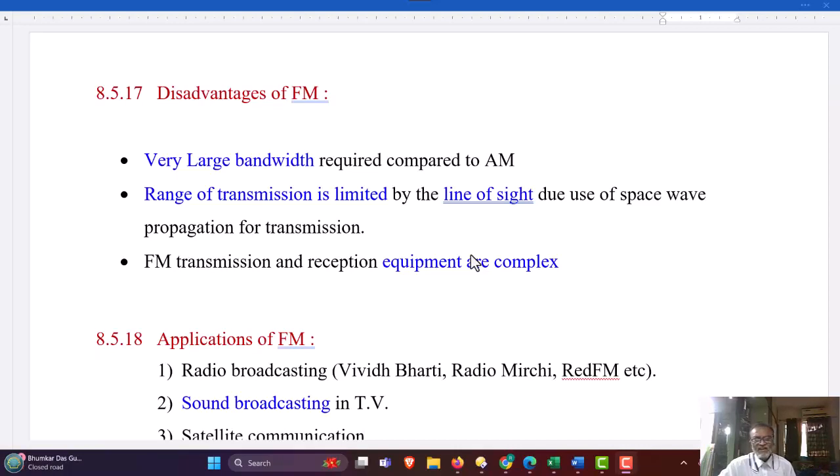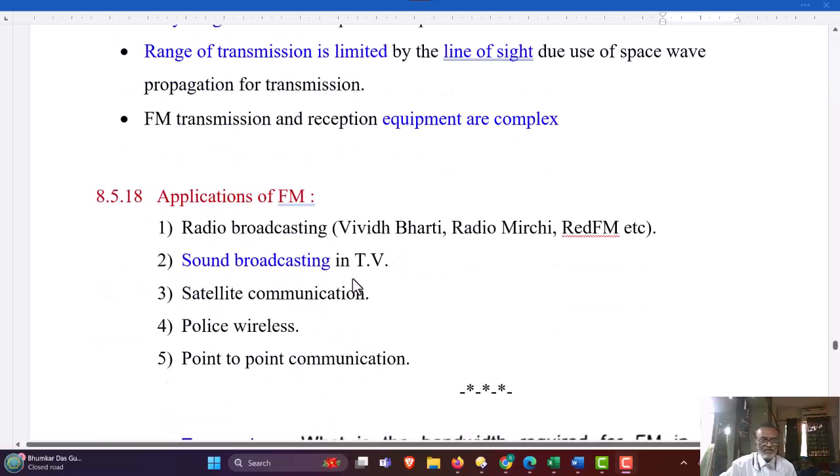And therefore, the high frequency signal always gets attenuated by the transmission media and therefore the range of transmission is limited. Transmission as well as reception of FM signals requires complex equipment.